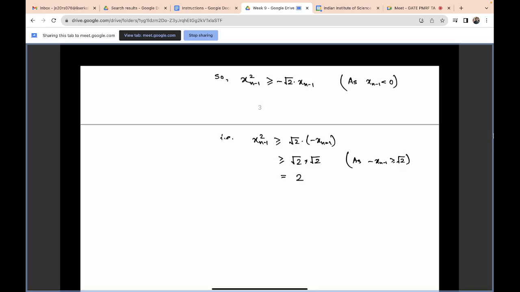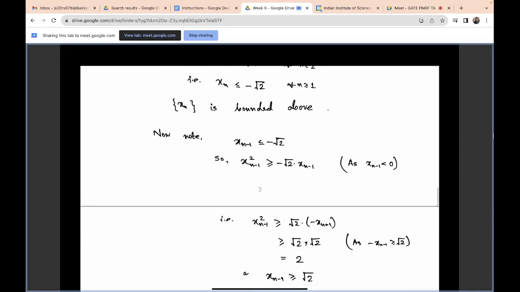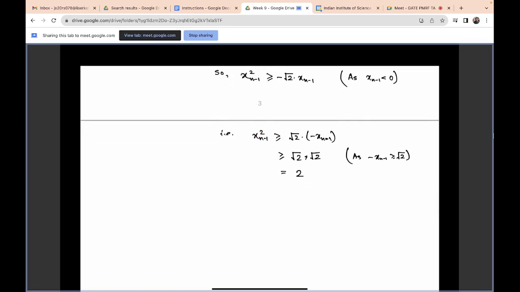So we get xn minus 1 square is greater than root 2 times minus xn minus 1, which is greater than 2. So xn minus 1 square is greater than 2.